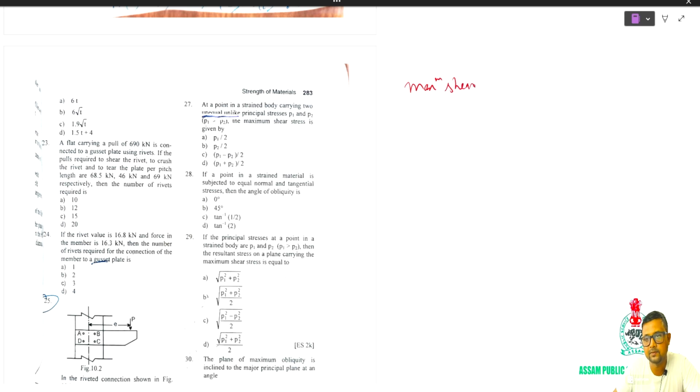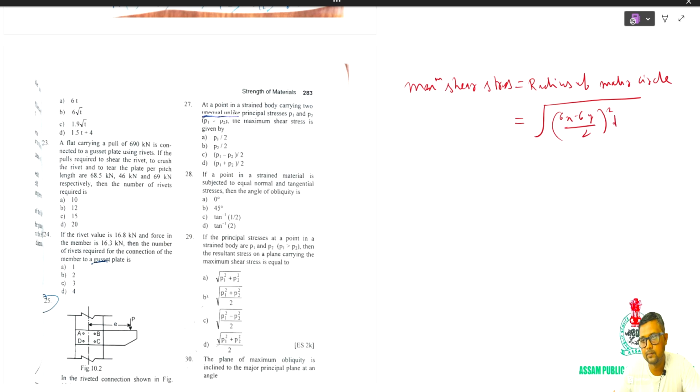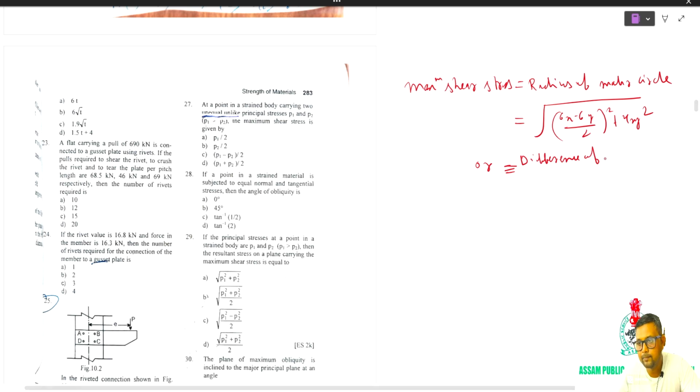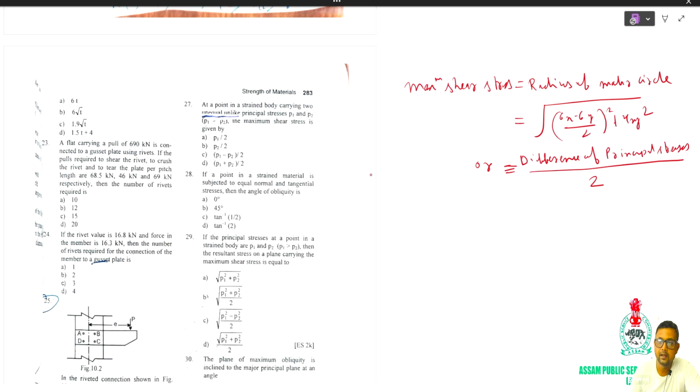Maximum shear stress is equal to the radius of the Mohr circle, or the difference of principal stresses by 2. Any one of these.